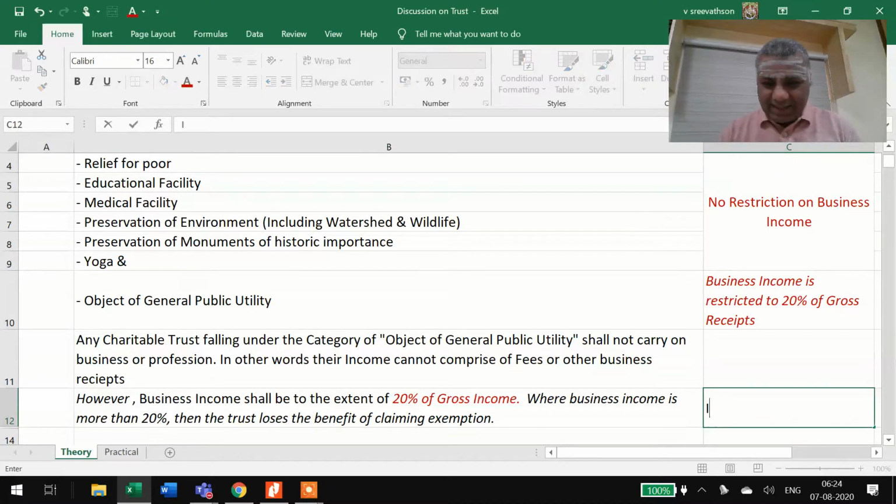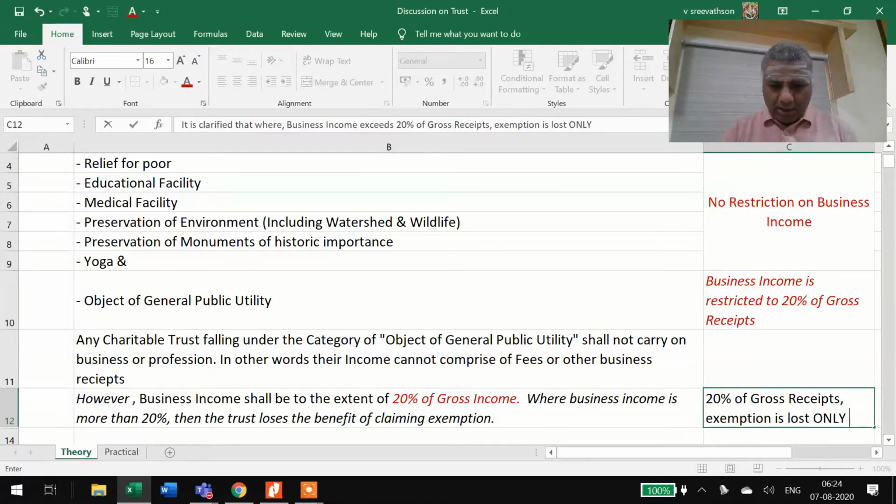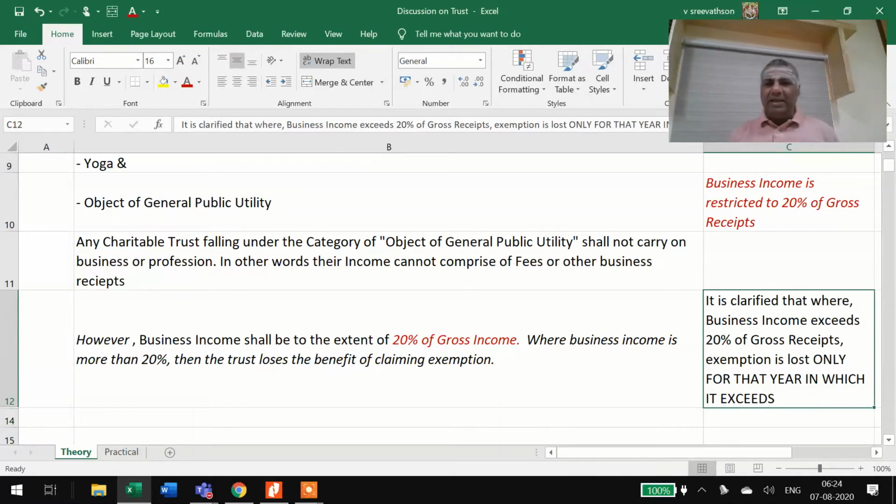It is clarified that where business income exceeds 20% of gross receipts, exemption is lost only for that year in which it exceeds. Okay, don't think that it is permanently lost. Don't think that it is permanently lost.